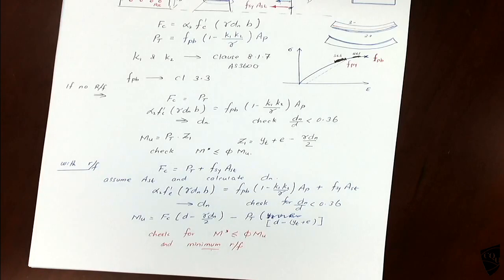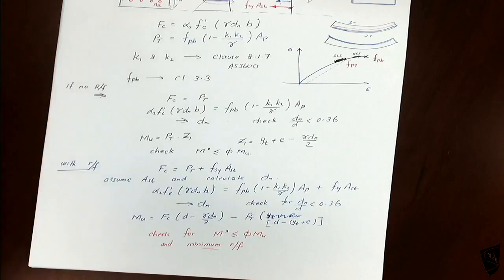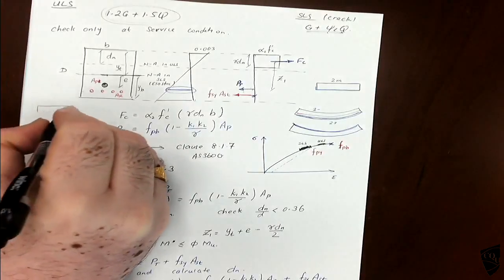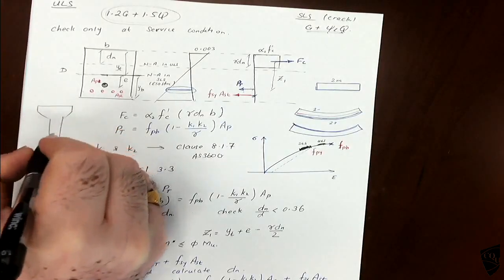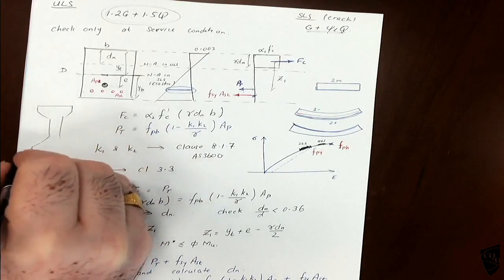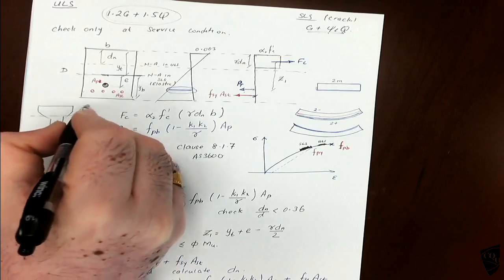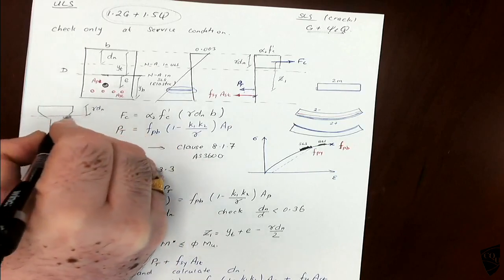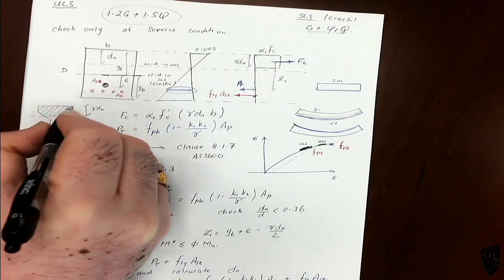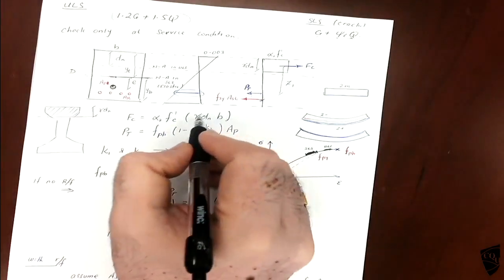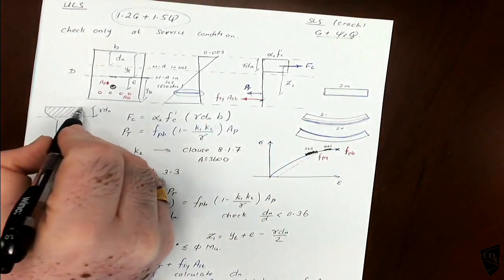That is quite straightforward. But in the I section, it's a little bit complicated. Because this is a rectangular section, but if you have an I section, and you have gamma dn, you need to consider this area, not the gamma dn b, so you need to calculate this area.